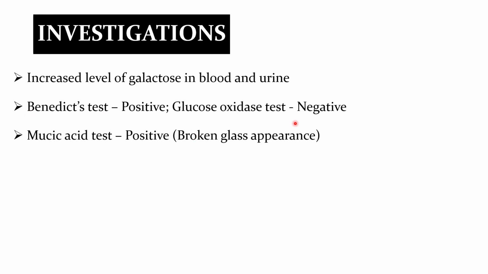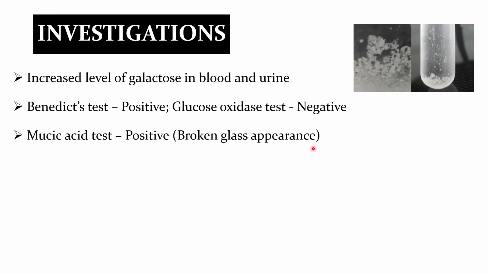But the glucose oxidase test is negative because it is positive only for glucose. The mucic acid test, which is specific for urine galactose, is positive. A positive mucic acid test gives a broken glass appearance. We can see it in the test tube, and if we take it out, keep it on a slide and see under the microscope, we can see the broken glass appearance.